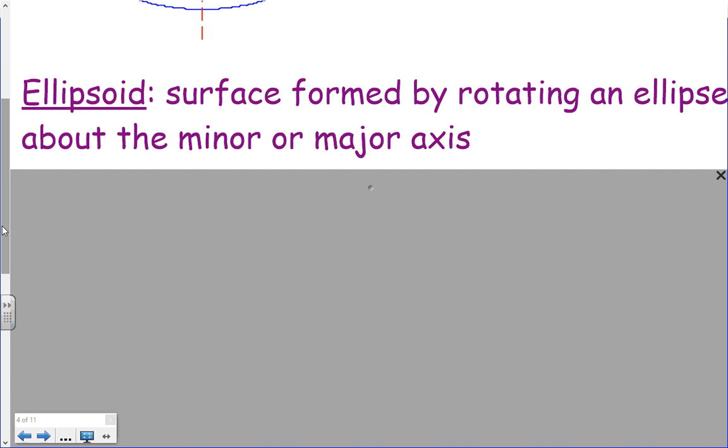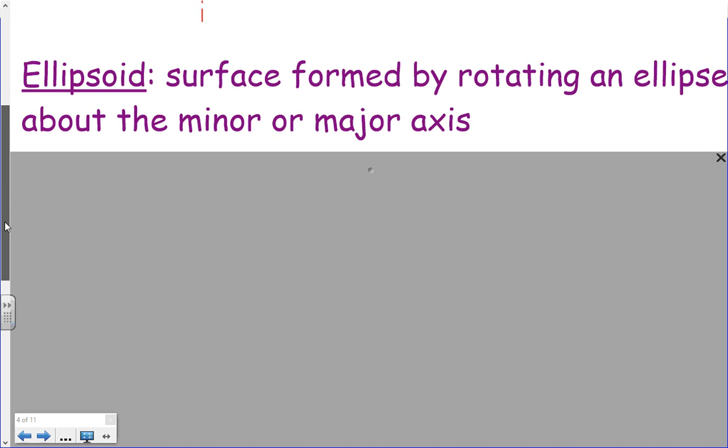We get what's called an ellipsoid. Ellipsoid is kind of the general term that we use to describe this. The ellipsoid is a surface formed by rotating an ellipse about the major or the minor axis. And of course, since you have two axes of symmetry here, then that means you could actually end up with two possible sketches here.